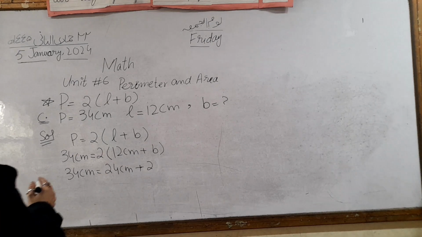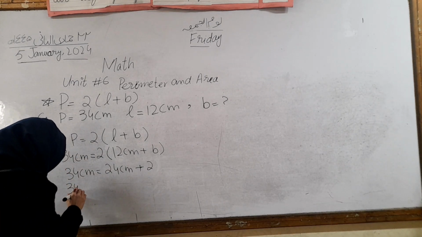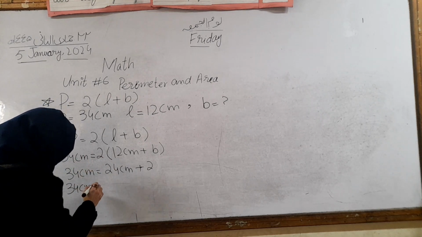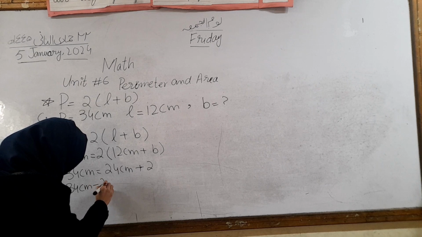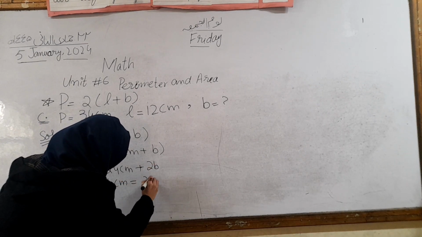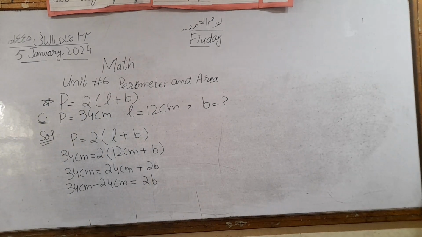On the same pattern, when you move 24 centimeter to the other side of the equal, you will write a minus sign: 34 minus 24 centimeter is equal to 2b. You have to find the value of breadth.